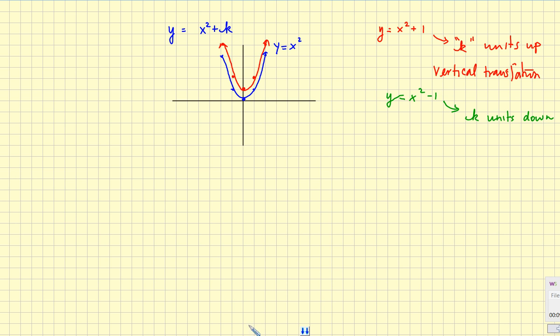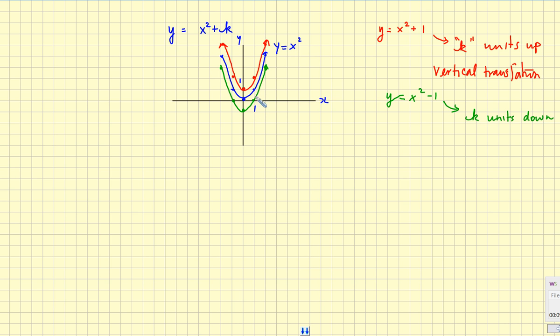I think you can all imagine that if I were to say then x squared minus 1, our original x squared graph would go down 1 unit. So everything goes down by 1. Okay. So there's my y equals x squared minus 1. And let's not forget to label our graph. And we're going up by 1s here.